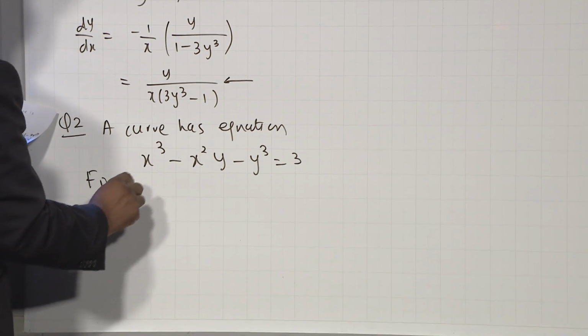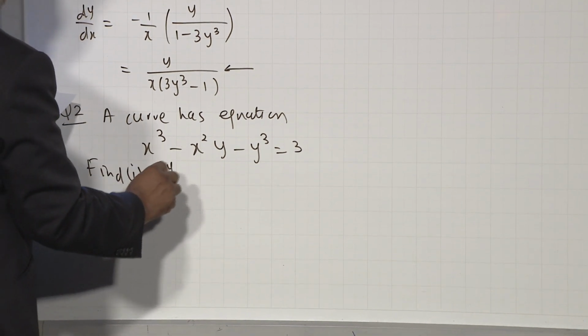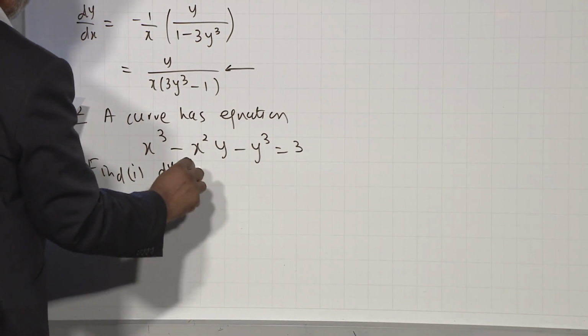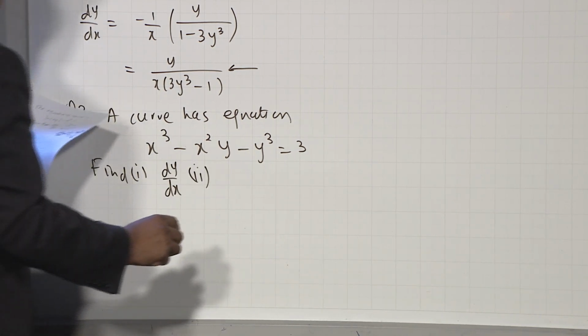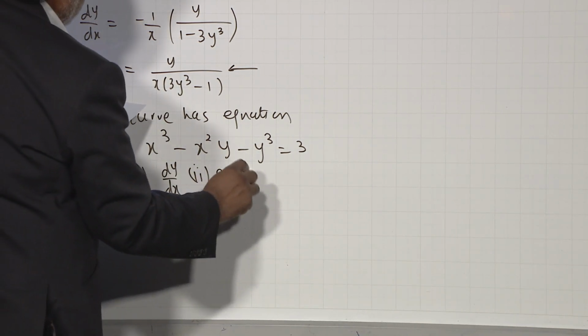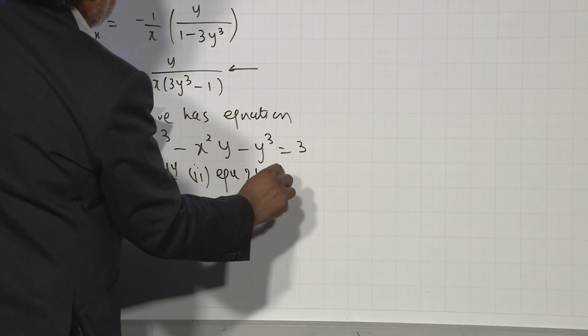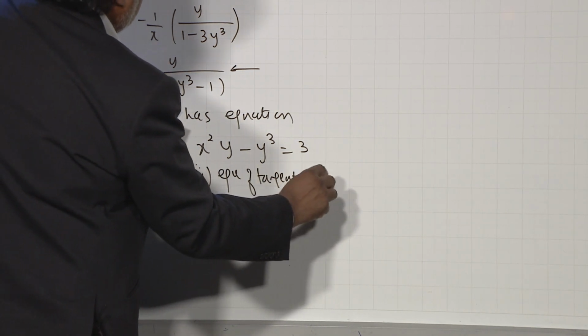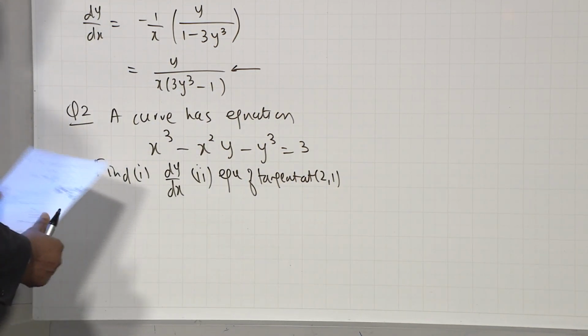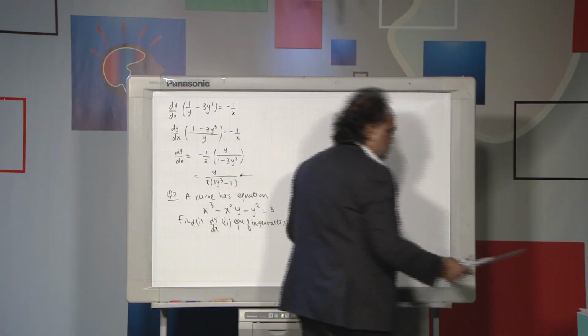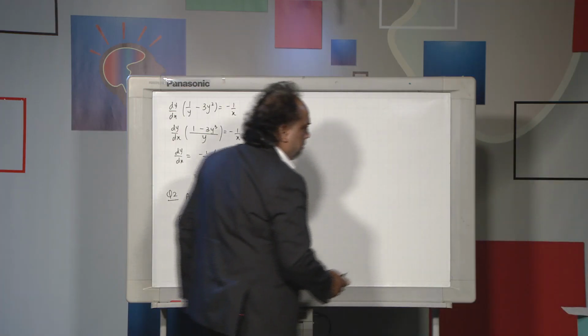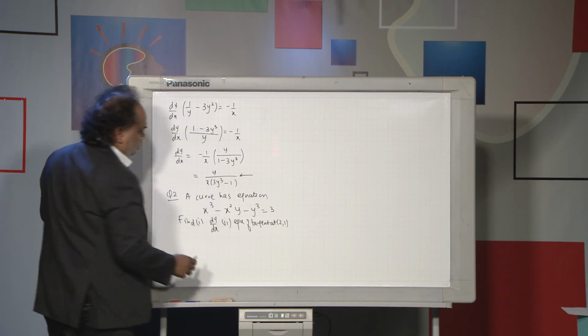Find dy by dx, and second, the equation of the tangent at (2, 1). So, let's do it together.